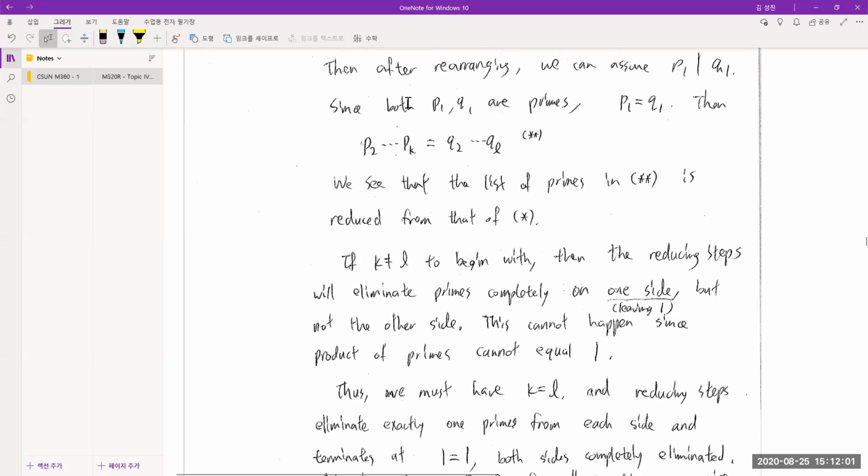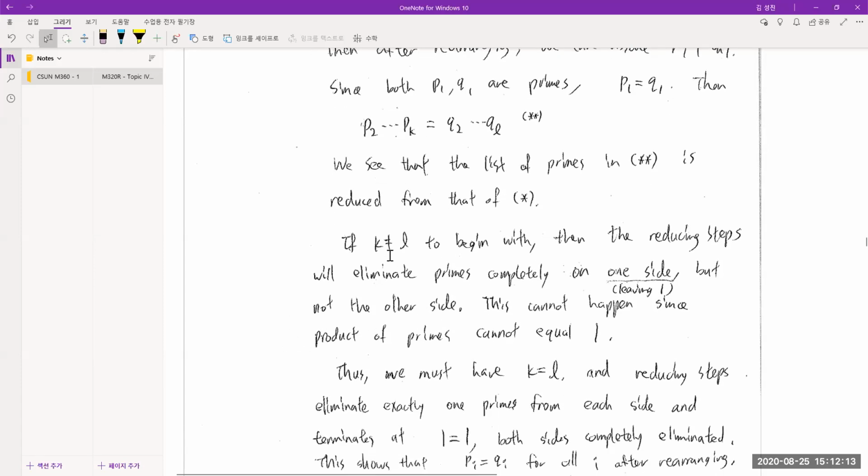If we completely remove one side, then all we have left is just the number one, but not on the other side. If the lengths of the prime factorizations are different, then this canceling step will remove one prime each time from each side, and whichever side had more prime numbers will still leave a list of prime numbers multiplied, but the other side is 1. But that cannot happen because a product of primes cannot equal 1.